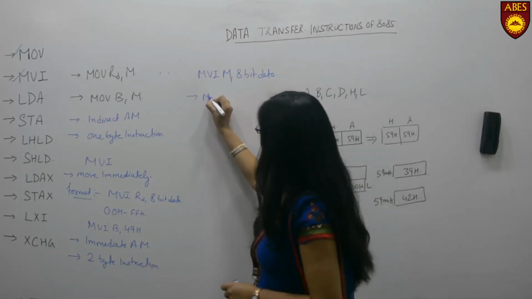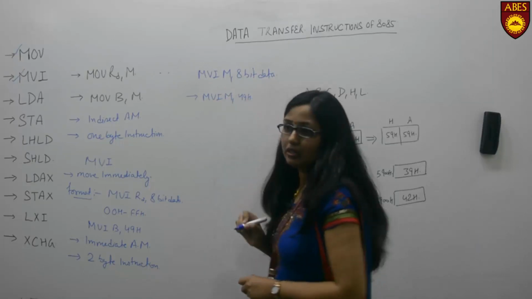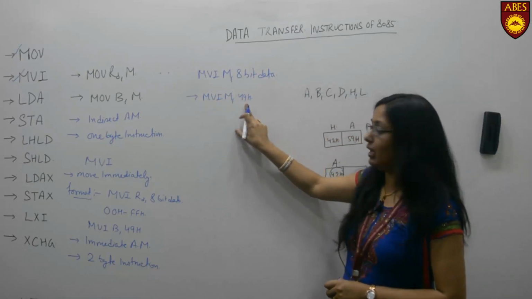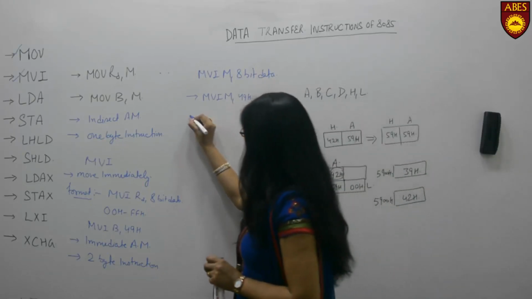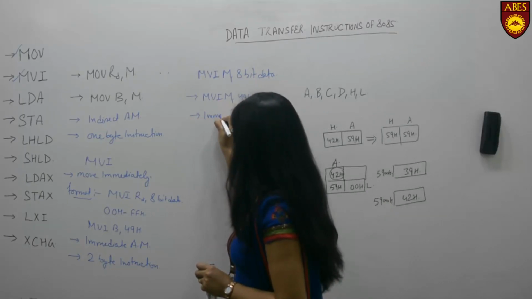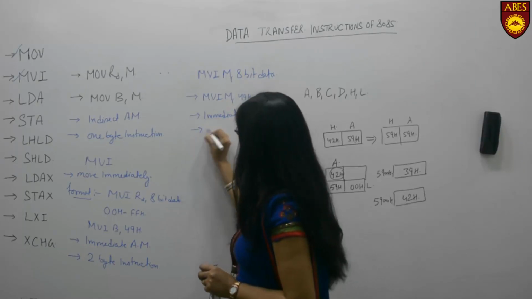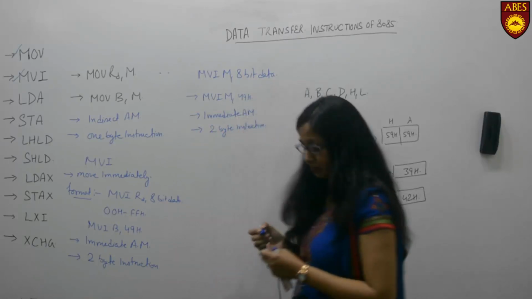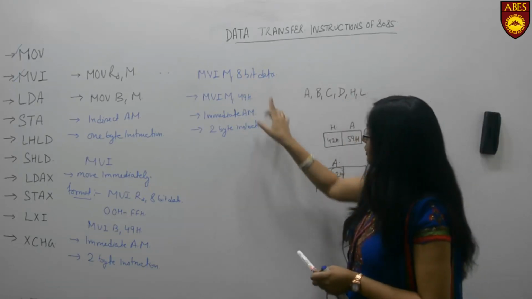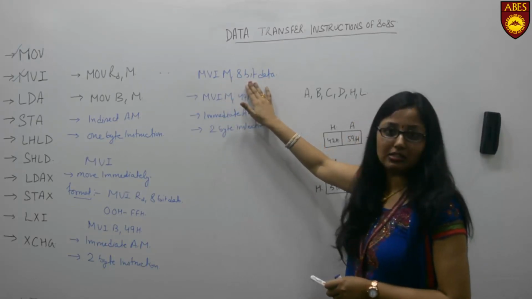For example, if we have MVI M, 49H, this 49H data is moved to the memory location pointed by the HL register pair. This instruction again belongs to immediate addressing mode and is a 2 byte instruction. After the execution of this instruction, the content of the location is changed to the data given in this instruction.